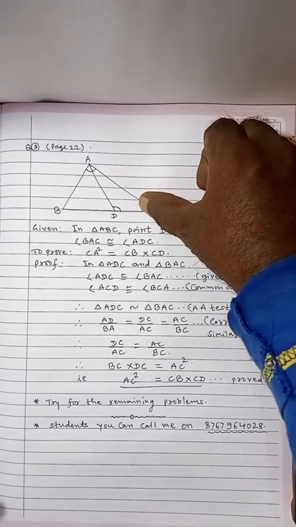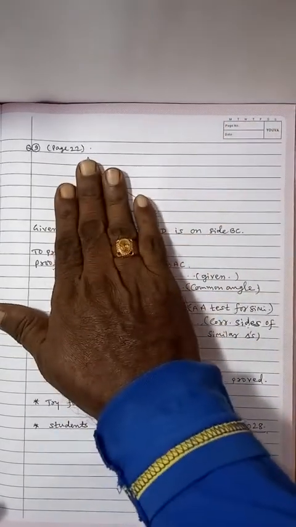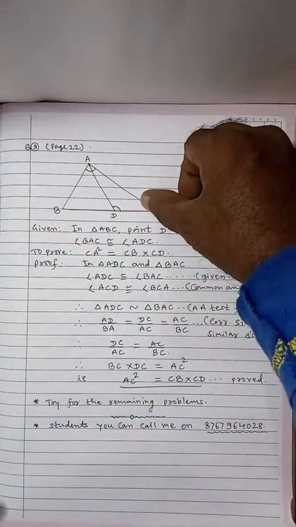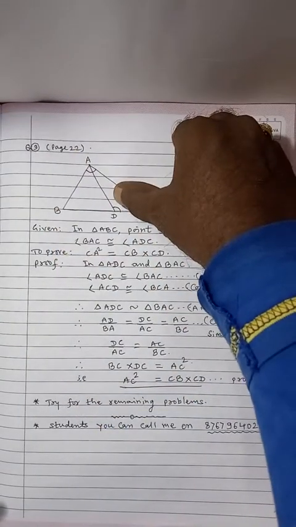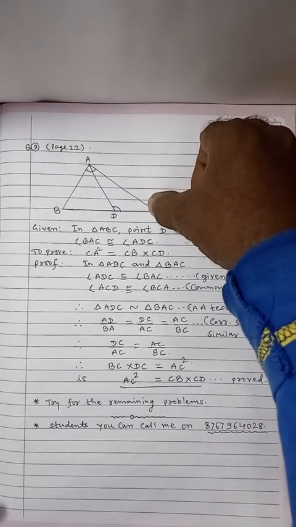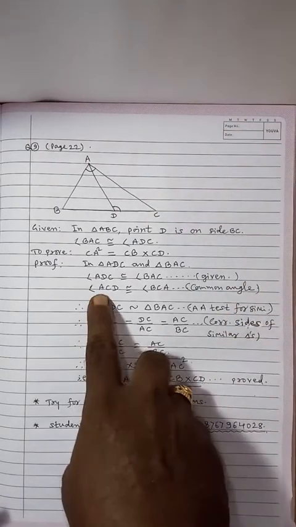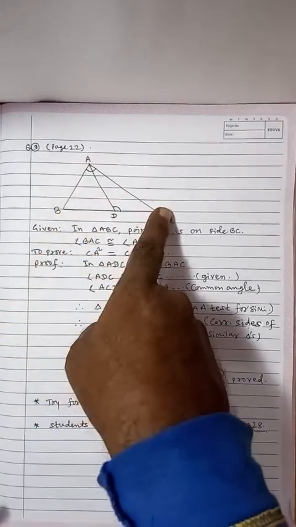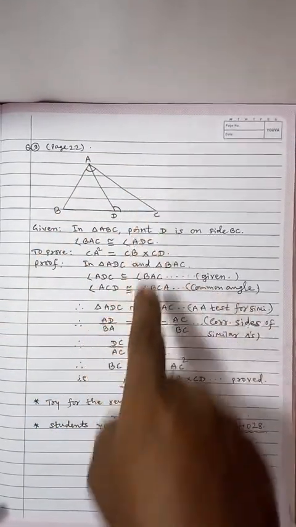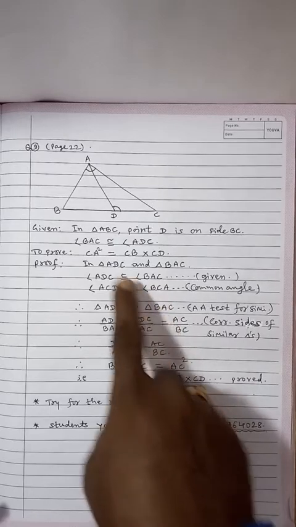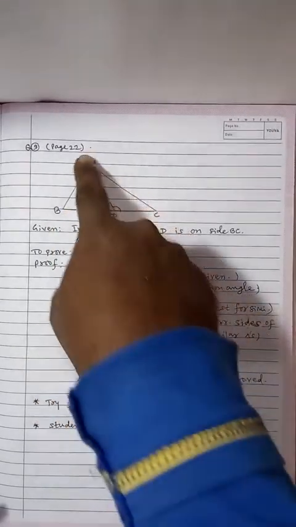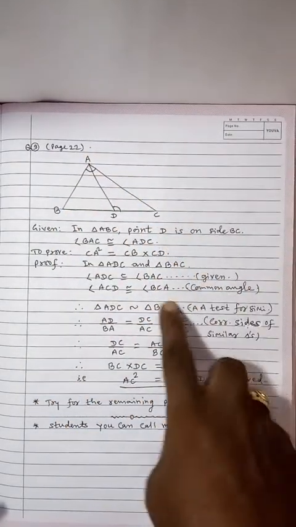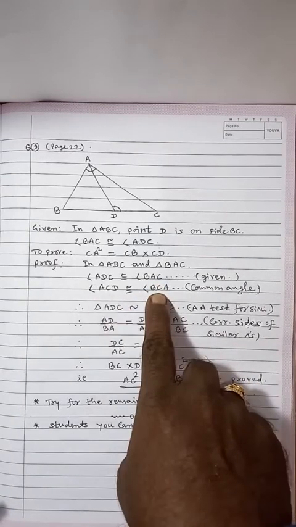Now pay attention. Angle C is the angle of the big triangle. Also it is the angle of this small triangle. So C is the common angle. So see here, angle ACD is congruent to angle BCA. We have to consider the correspondence.